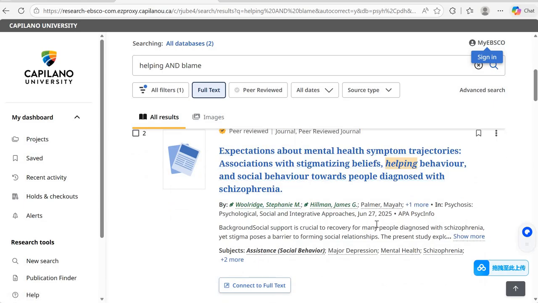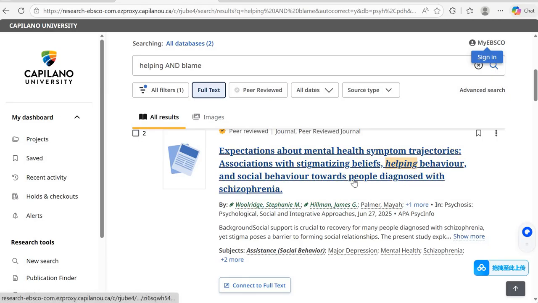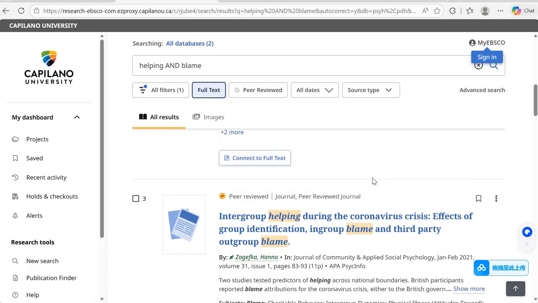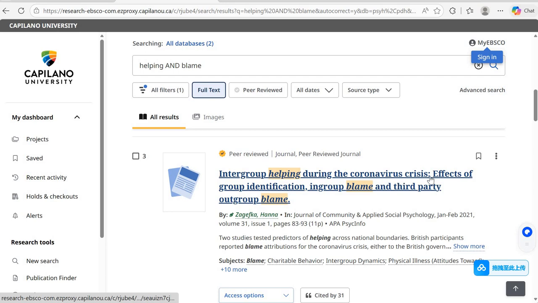Could be blame and helping with respect to any victims. Stigmatizing beliefs, social behavior. Not really. Intergroup helping. In-group blame. A third-party outgroup blame.